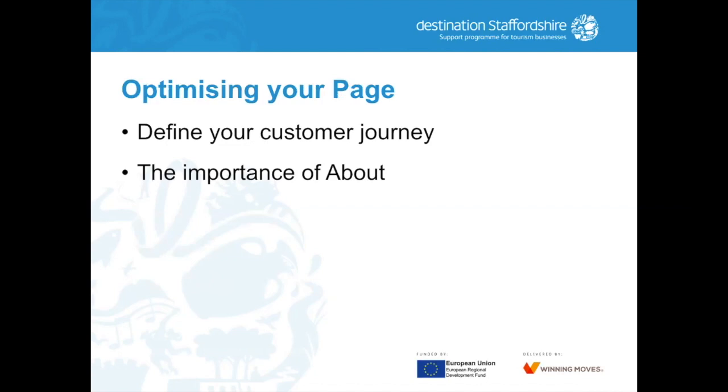So in terms of optimizing your page, the first thing that I suggest is to check out your About section. When you go onto lots of Facebook pages, it's surprising how many of them have a very meager or non-existent About section. If you head over to your settings at the top of your page on your desktop, you will get access to your About.